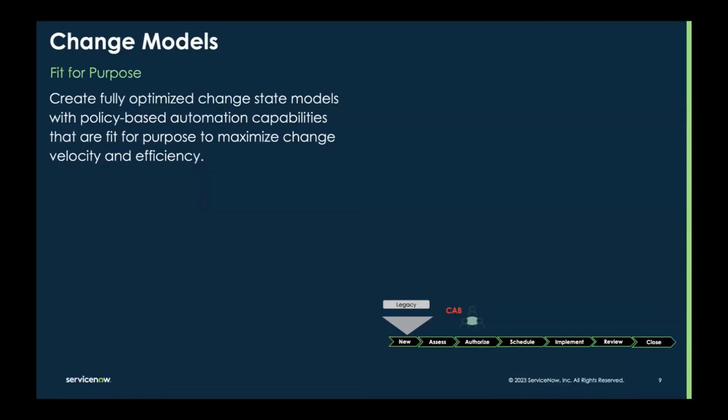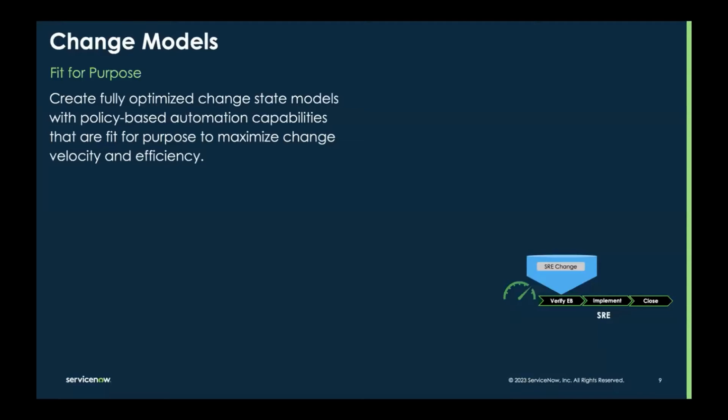So they're more fit for purpose, and yet they can help you to increase your efficiency and your change velocity. For example, you might have an SRE change, or site reliability engineering change, where you just want to verify the EB and then do an implementation and a closure.